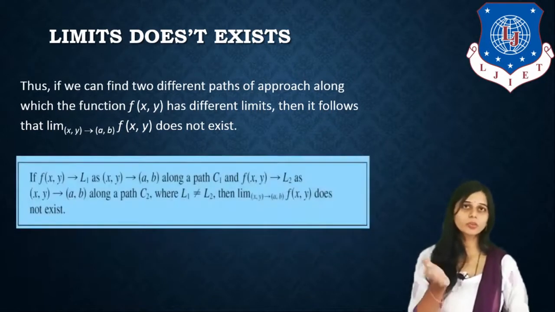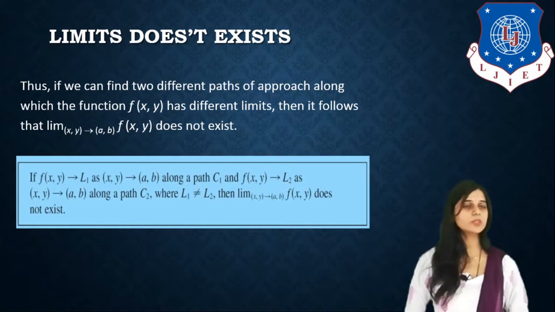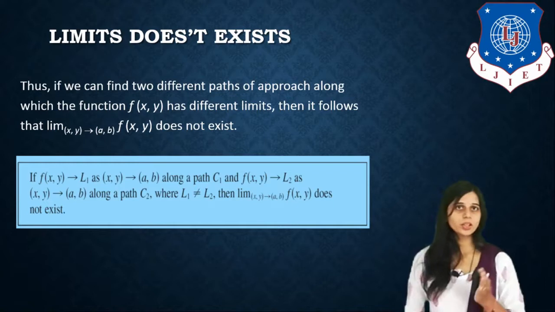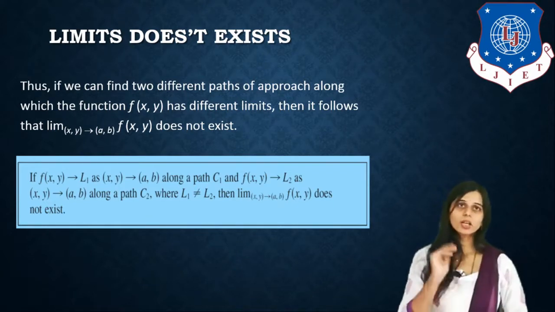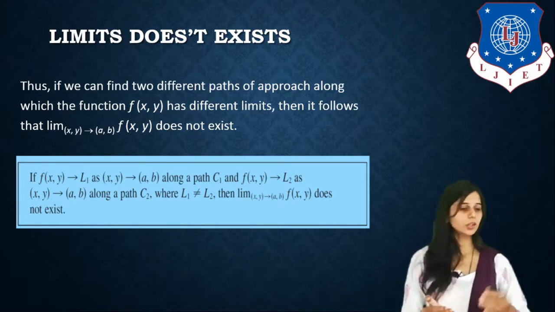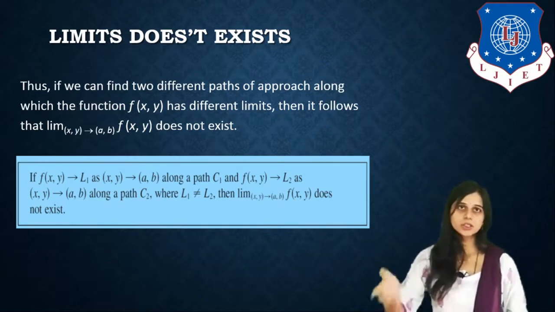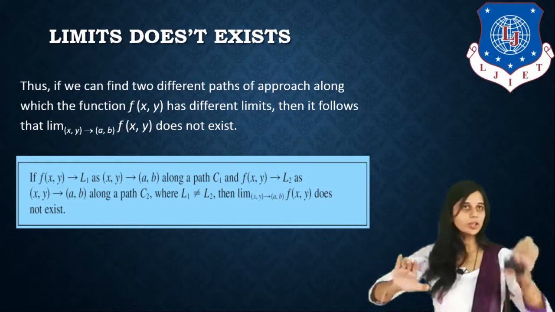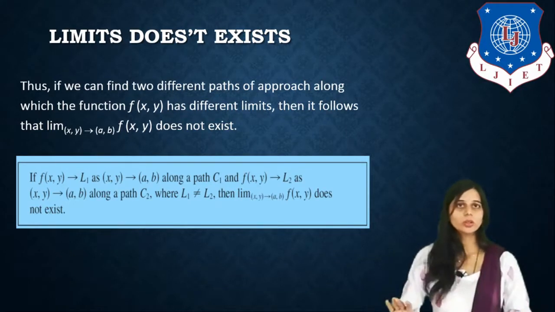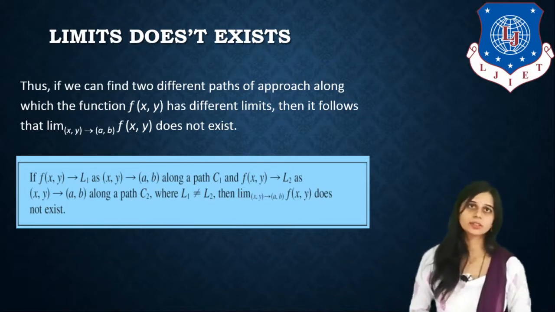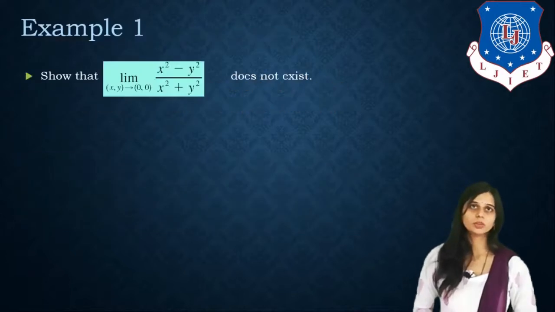In particular, if f(x, y) tends to L1 along a path C1, and f(x, y) tends to L2 along another path C2, and L1 and L2 are not equal, then the limit as (x, y) tends to (a, b) of f(x, y) does not exist. We will understand this concept using examples.